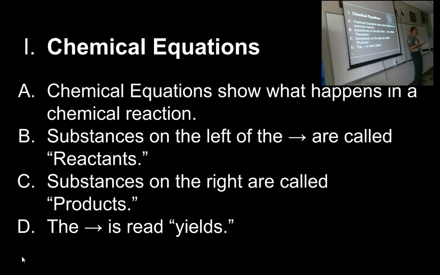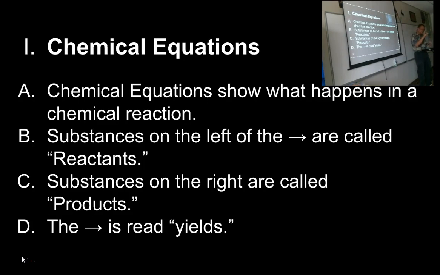Now, if it were math, we would say equals. And the equal sign means that what's over on the right is the exact same thing as what's over on the left. 2 plus 2 equals 4. If you have two things and two things in the same place, you have 4 things.